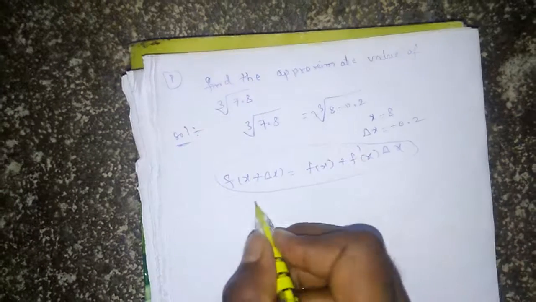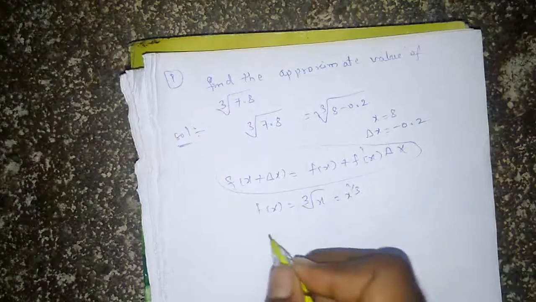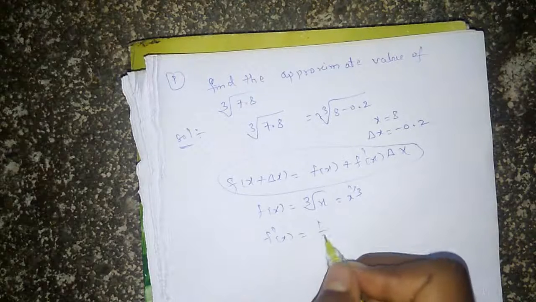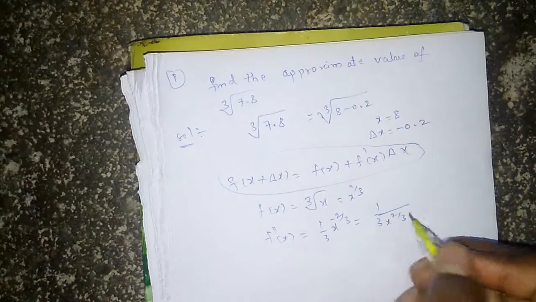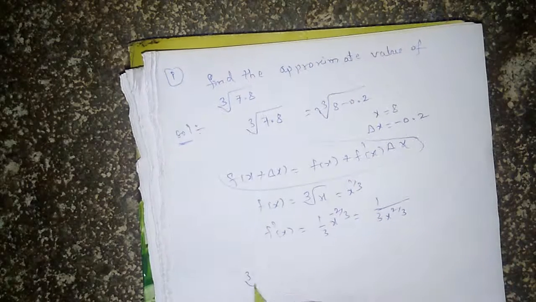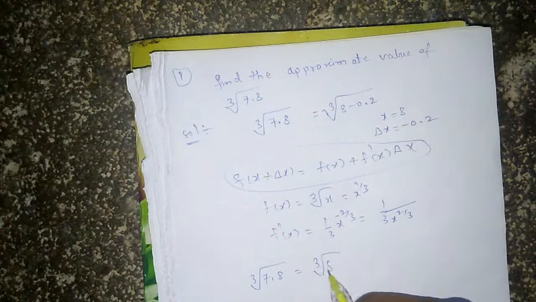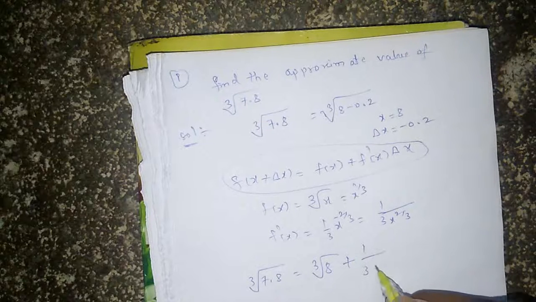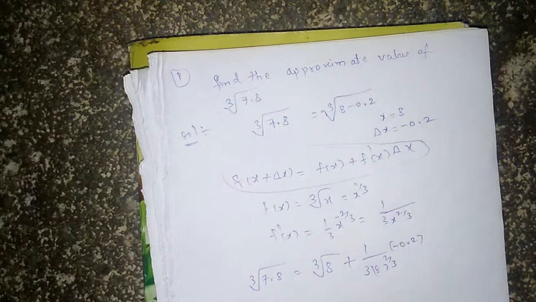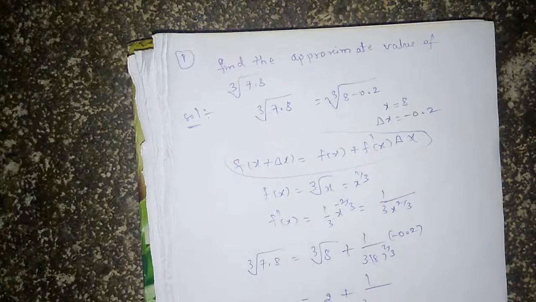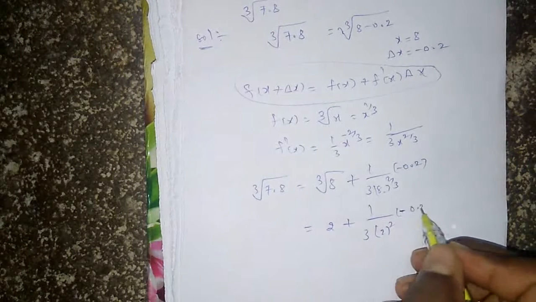This is approximation formula. Here f of x we can take as cube root of x, that is x power 1 by 3. F dash of x, the derivative, is 1 by 3 into x power minus 2 by 3, that is 1 by 3 x power 2 by 3. Now substitute the values. Cube root of 7.8 is equal to f of x, x is 8, cube root of 8 plus f dash of x is 1 by 3 into 8 power 2 by 3, delta x is minus 0.2. Cube root of 8 is 2 plus 1 by 3 into 2 square into minus 0.2.